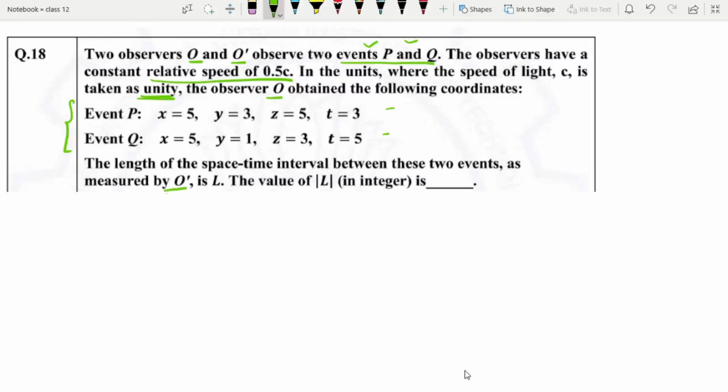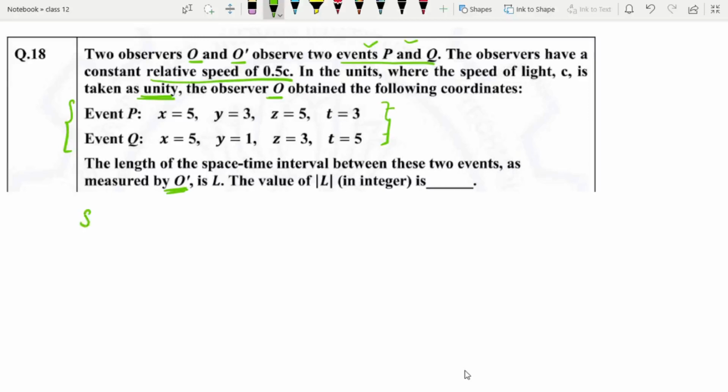In the question they have given the coordinates of P and Q measured by the observer O, and they have asked us to find the length of the space-time interval between the events measured by O prime.